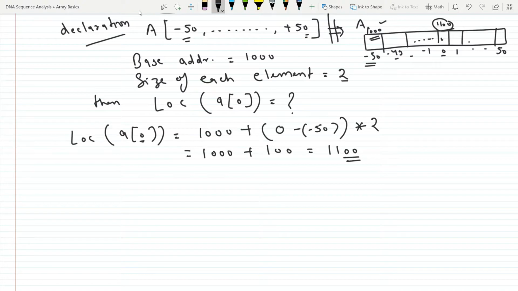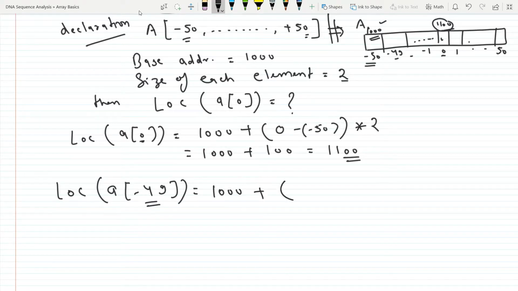But what if I ask you the location of A of, let us suppose, -49. So I just want to find the location of this particular index. So what is the base address in this case? Base address is 1000 plus, what are we referring to? We are referring to -49, which is somewhere at this particular location.